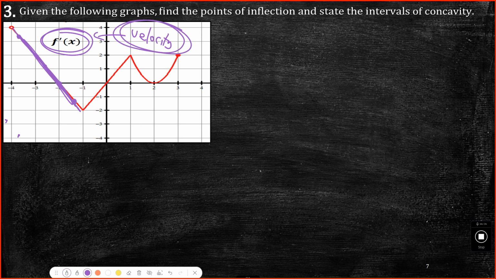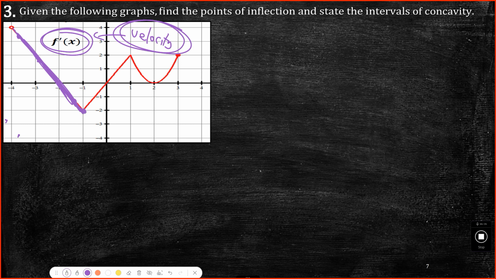So the velocity is negative. And so when I'm talking about the slope of this thing, I'm talking about acceleration. So here, the acceleration is negative, all the way to this point here.